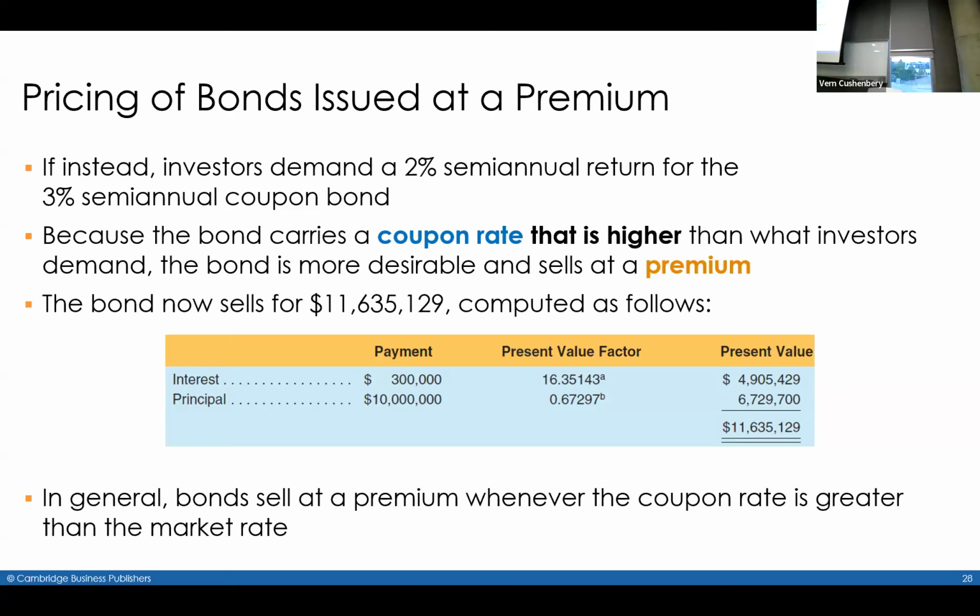So the investing community says, well, I like that a lot better. I'm willing to pay more for it. And you see that in the calculation here: the present value of the annuity stream is now worth $4.9 million. The present value of the principal payment is now worth $6.7 million, for a total issuance value of $11.6 million.